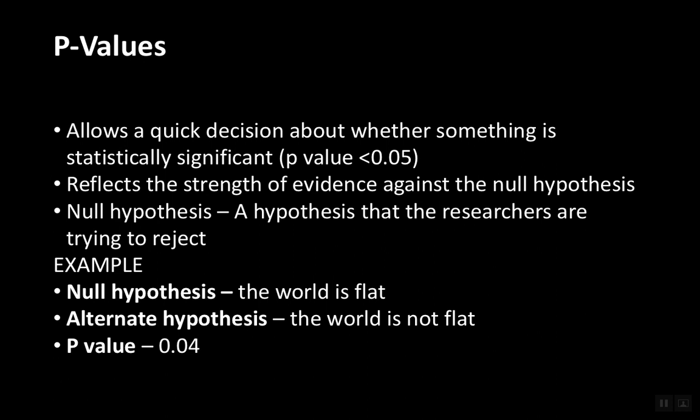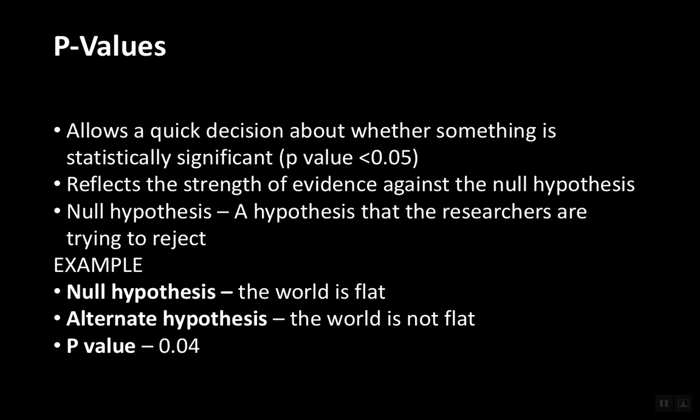Now, what is the null hypothesis? The null hypothesis is basically what the researchers are trying to reject, right? So it could be a statement or a fact. So the null hypothesis could say the world is flat. The alternate hypothesis, or the hypothesis that researchers are trying to show is true, would be the world is not flat.